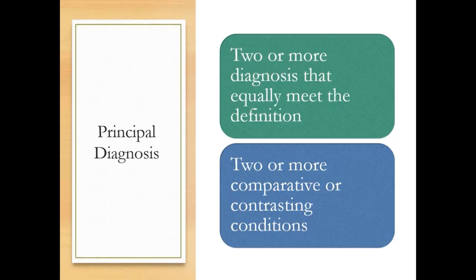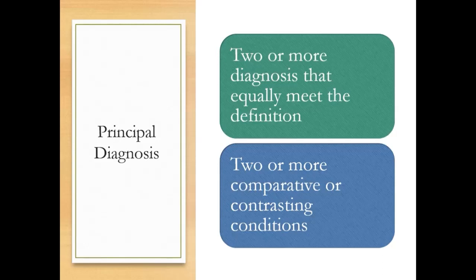Next up, situations where two or more diagnoses equally meet the definition for principal. So notice how that's different than the previous guideline. The previous guideline talked about two or more conditions that are interrelated. Here, we're talking about two or more diagnoses that equally meet the definition. Now, this isn't an unusual instance.